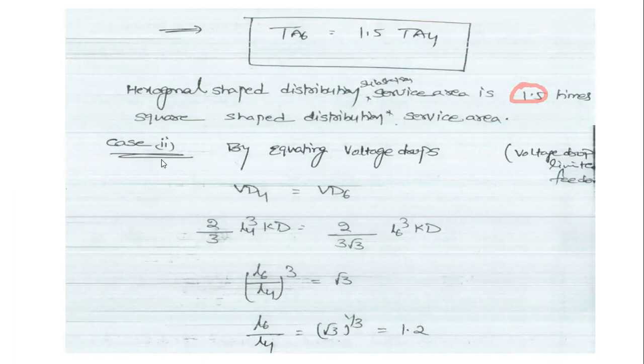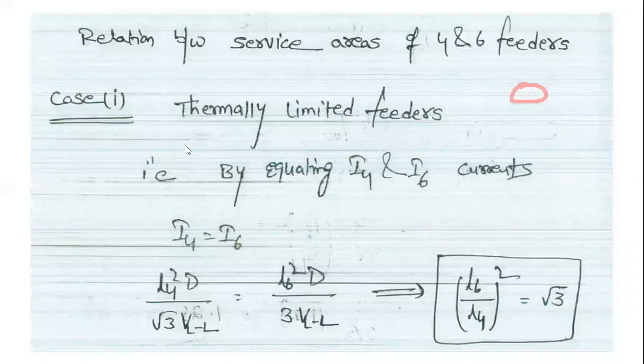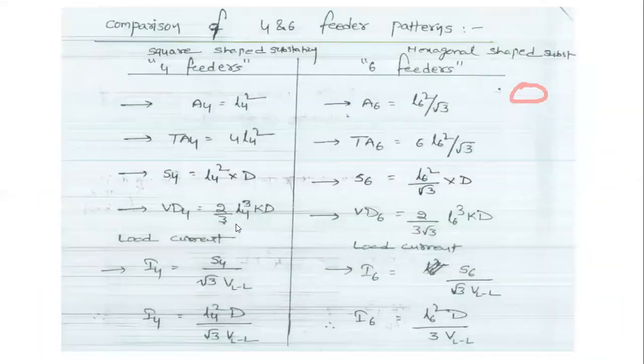Understand now? Next, coming to case 2. In case 2, we are equating the voltage drops. What are the voltage drops? That is 2 by 3 L4 cube KD, and in the hexagonally shaped, the voltage drop is 2 by 3 root 3 L6 cube KD.